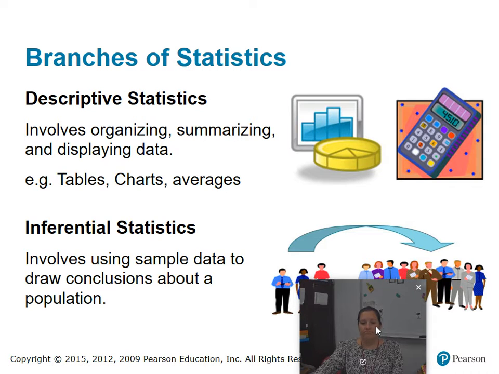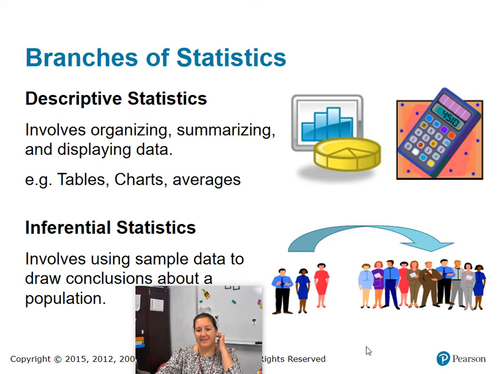So typically we get descriptive statistics first, and then inferential, trying to get more and more statistics about the same population, meaning get more and more samples from this population to try to make an inference about the entire population.